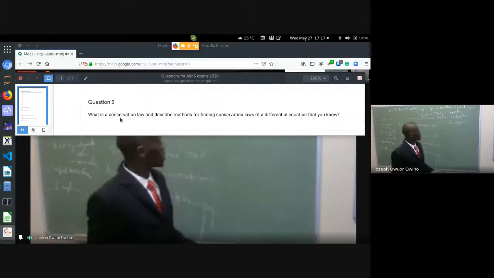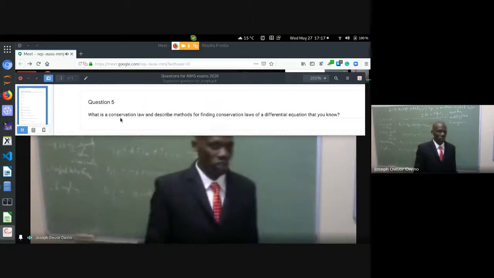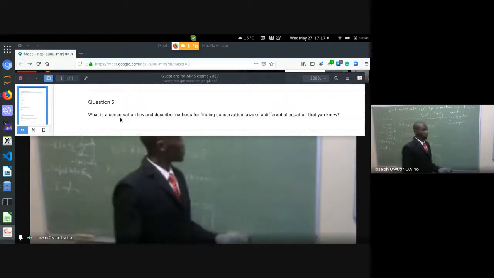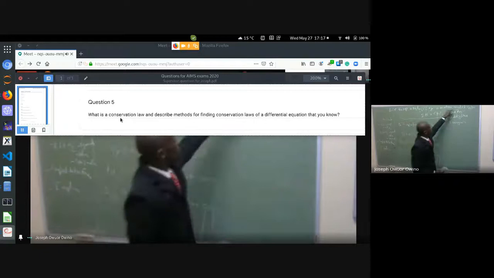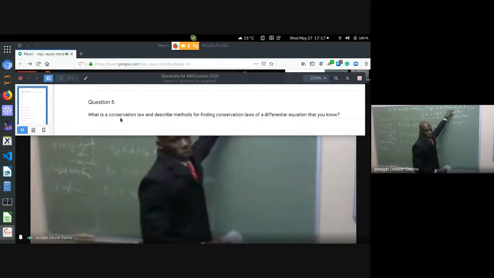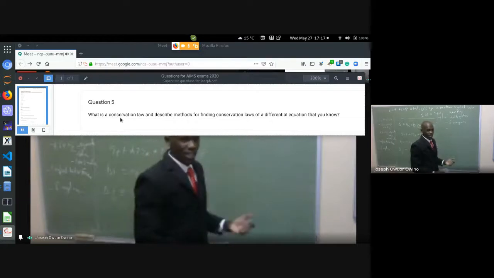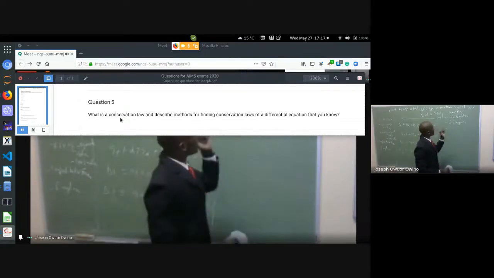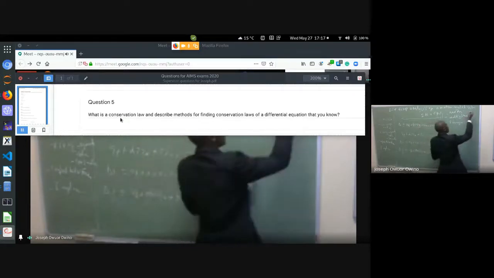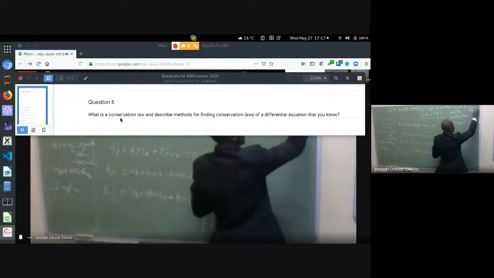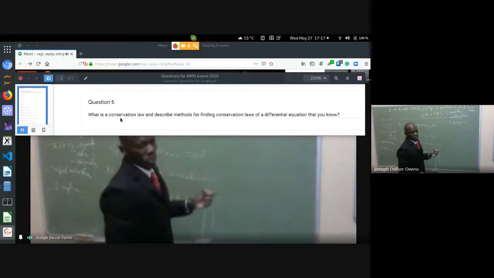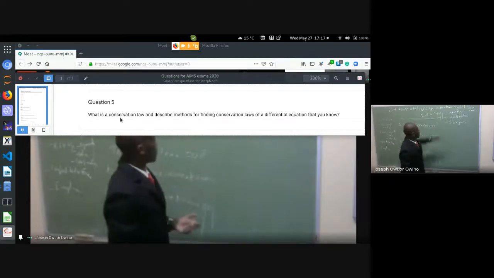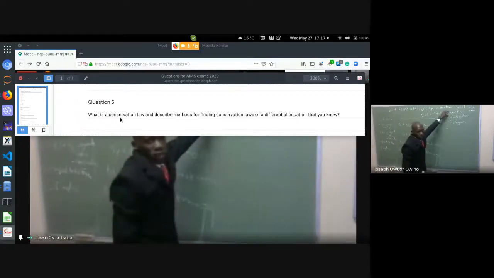And her theorem says that for every local symmetry, there is a conservation law or a conserved vector. And Noether's theorem can only be used for systems which admit a Lagrangian. And these systems should not be of odd order, so the system has to be of even order. And it must leave the variational integral invariant. Only then can you apply Noether's theorem.